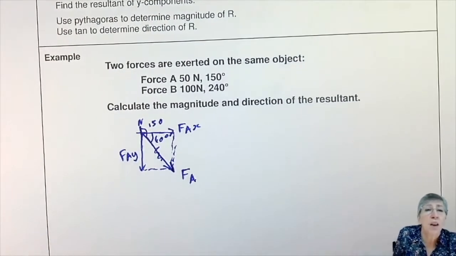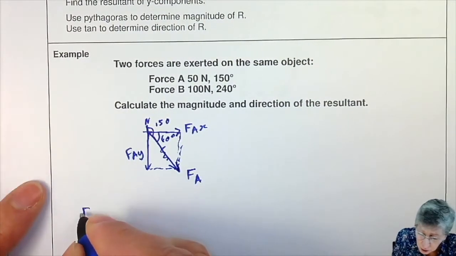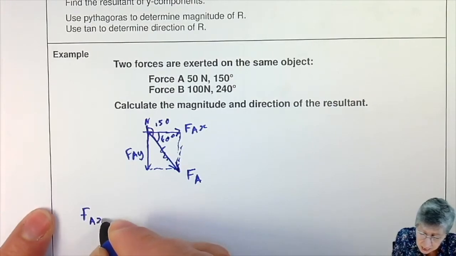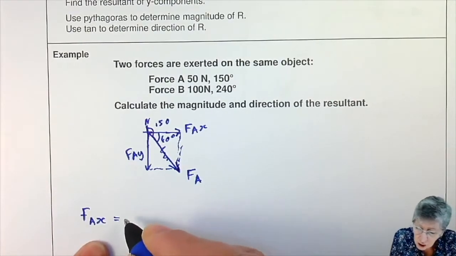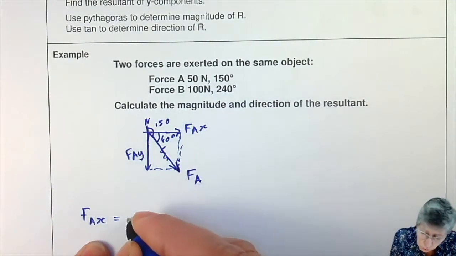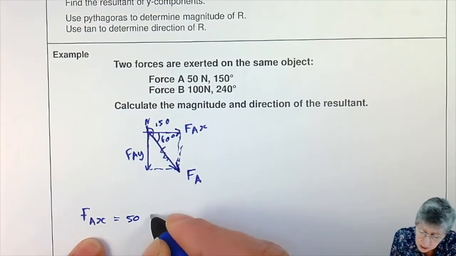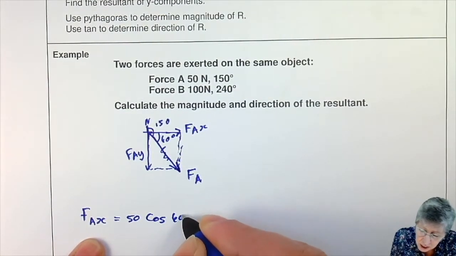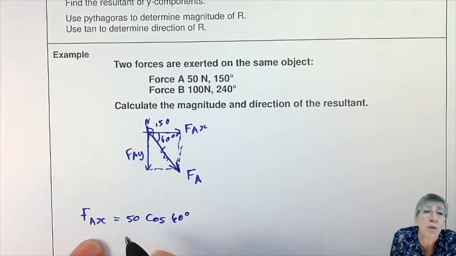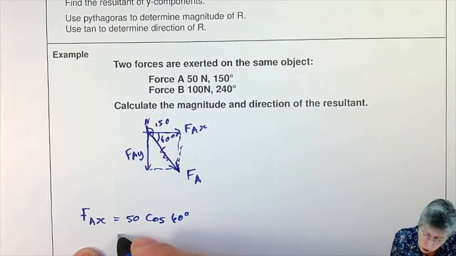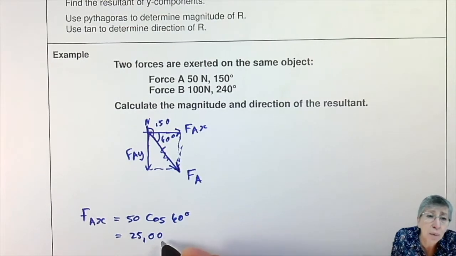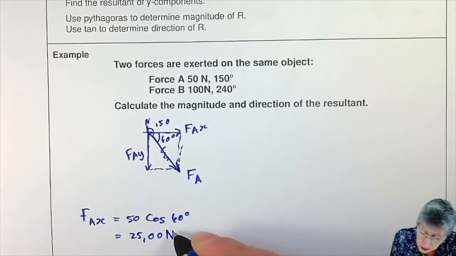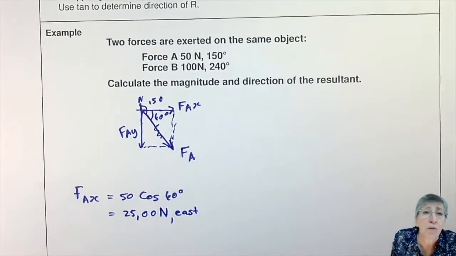Right, so how do I work that out? Now FA in the x direction, remember for the x direction I'm going to use the whole force 50, and now for x I'm using cos 60. Just check that you have the angle with the horizontal. Right, and 50 cos 60, that ends up being 25, and remember you need two places after the comma, so right now start always checking that you've got two places after the comma.